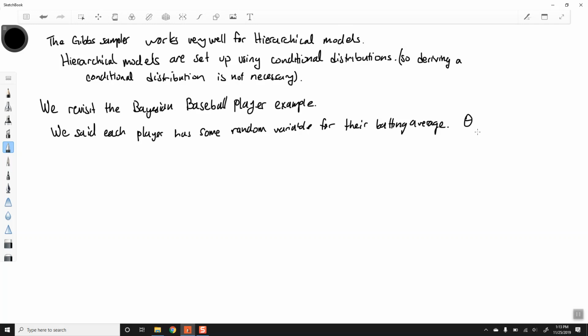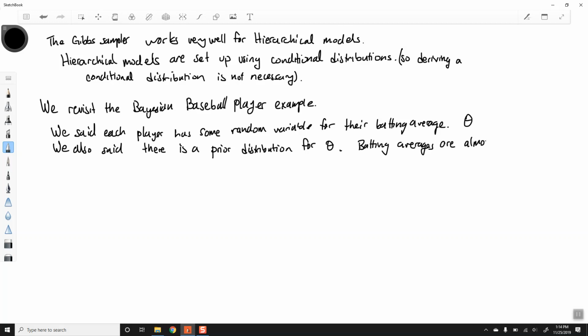So there's a prior distribution for theta, and batting averages are almost always between 0.2 and 0.35.